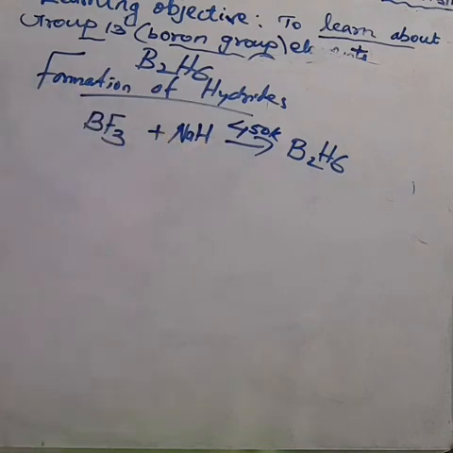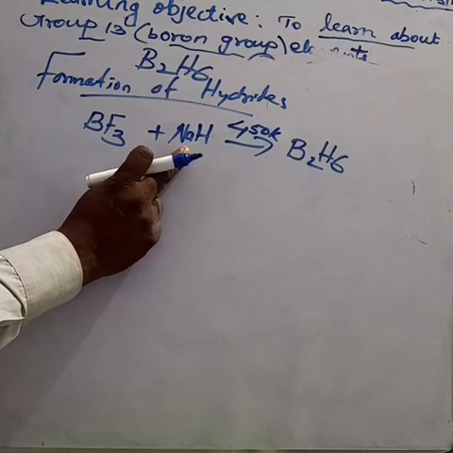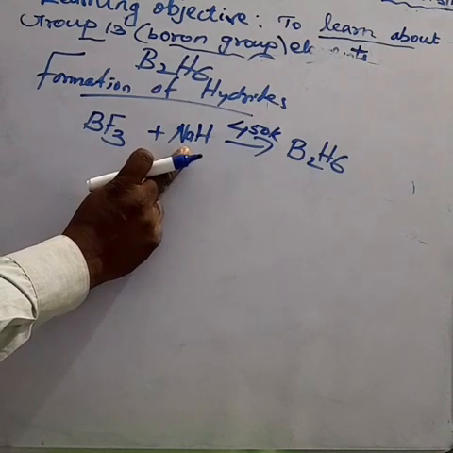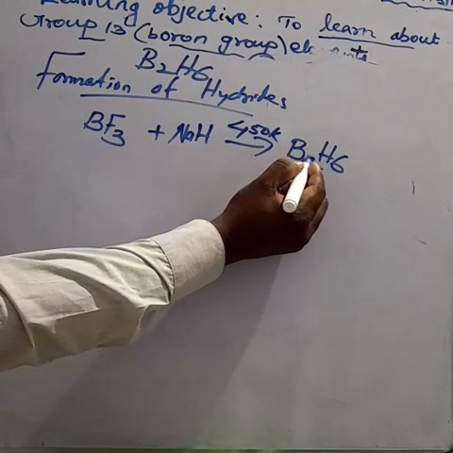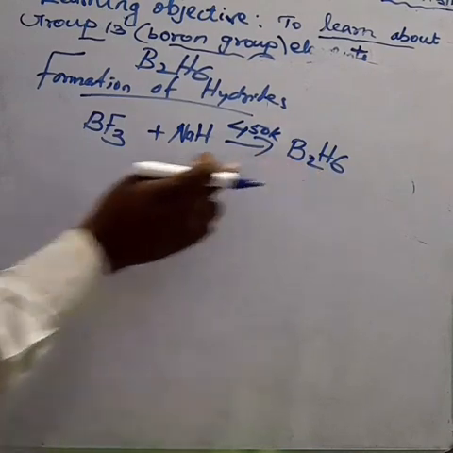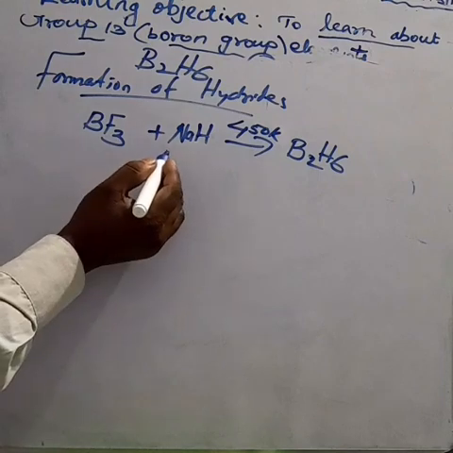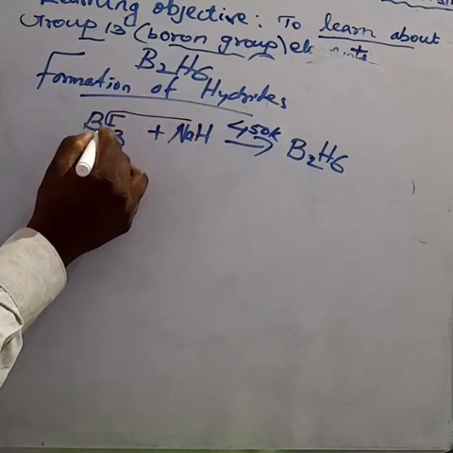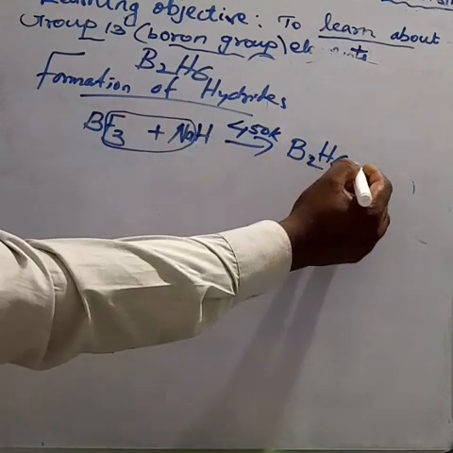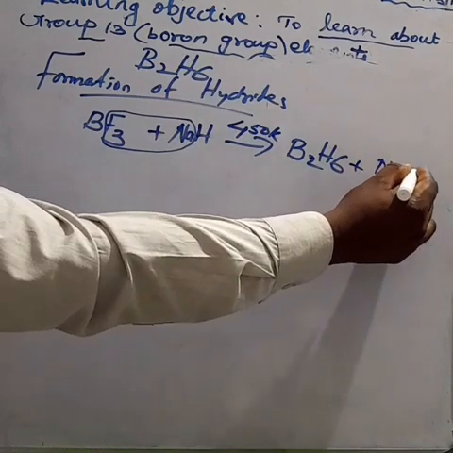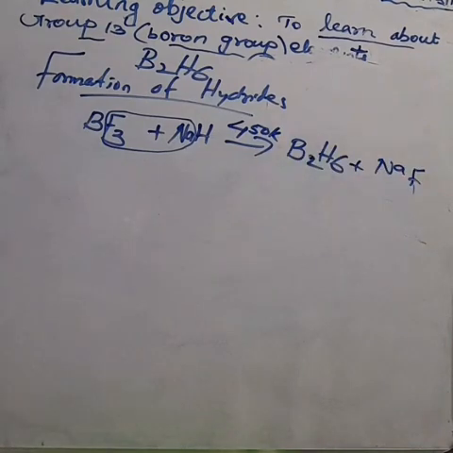What is the formula? NaH. Sodium hydride. We get diborane. What is the formula? B2H6, plus sodium combines with fluorine. We get sodium fluoride, that is NaF.